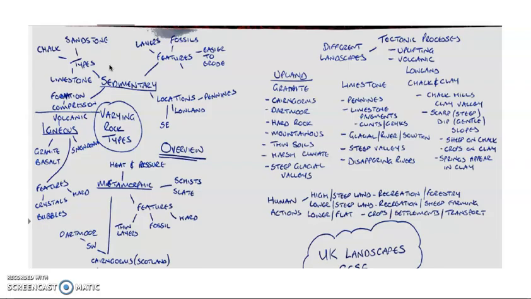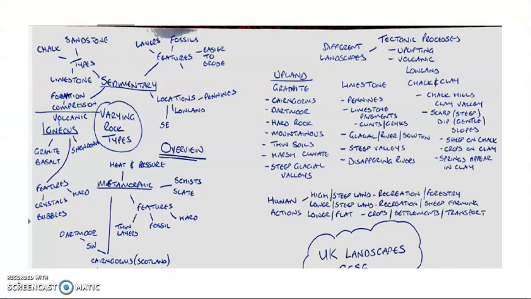And the main features of these is that they can be seen in thin layers. They can sometimes have fossils which may have changed though, and these also can be quite resistant, but sometimes they can break according to their layers. And you will find these in areas like the Cairngorms in Scotland, or also Dartmoor.